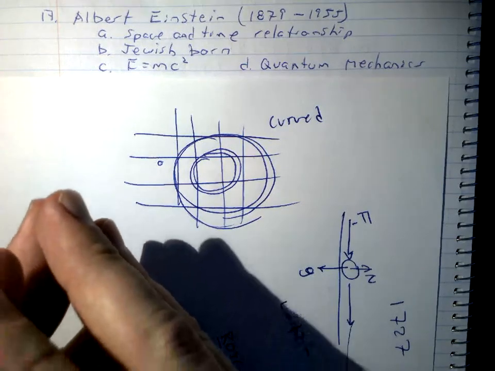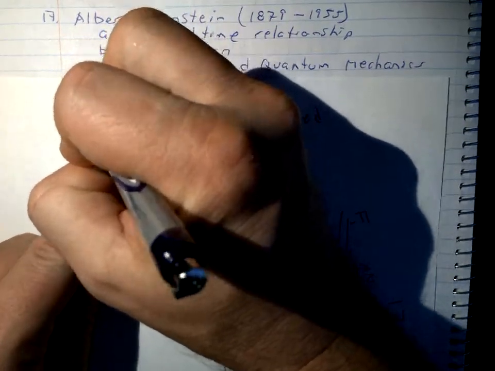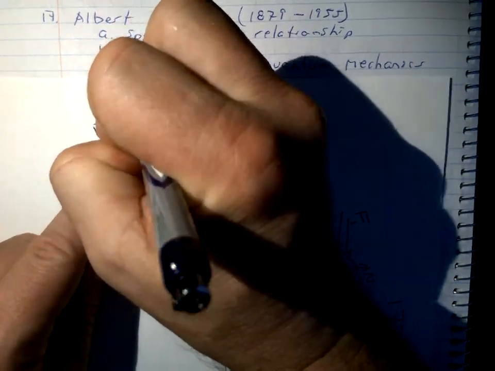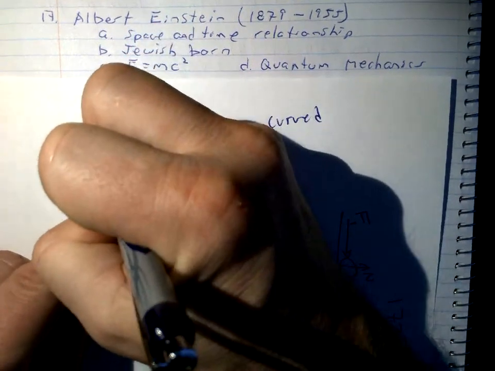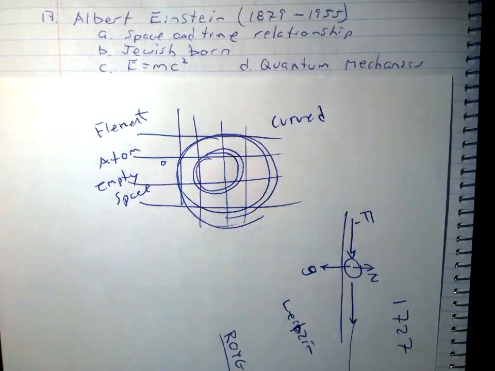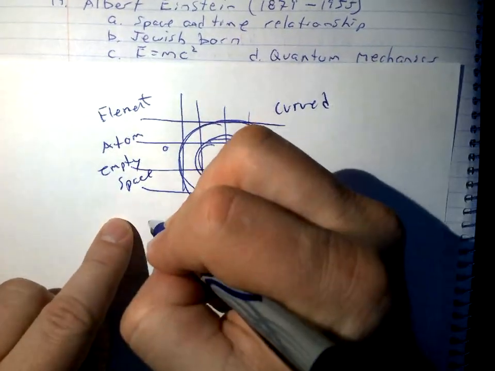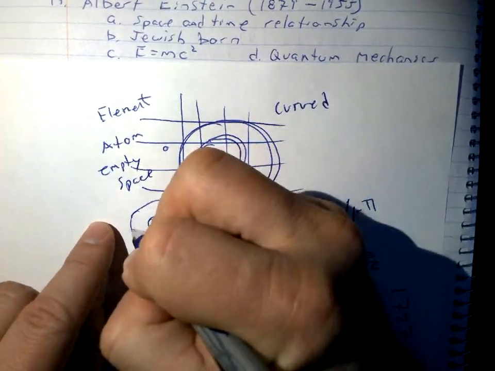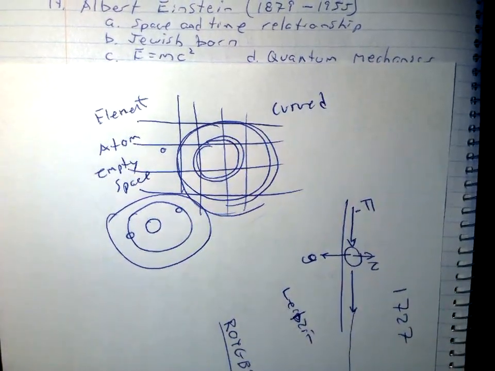That an object, an element, or in this case an atom, has what we call empty space. It has empty space, and there's something in it that has energy. And if you mess an atom up, what happens to the atom?